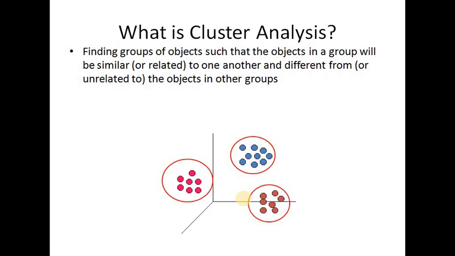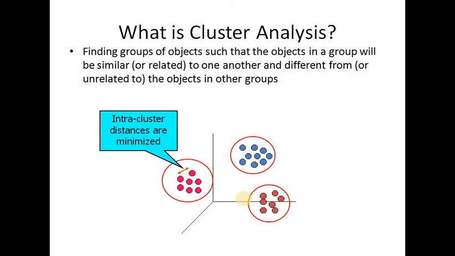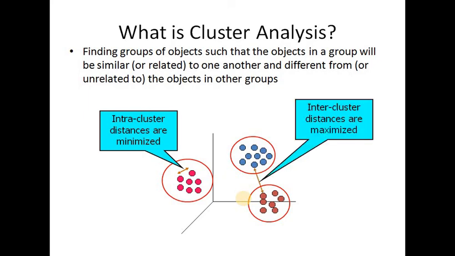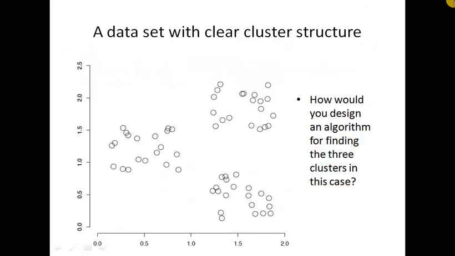We are dividing the data into different segments, which is the actual process of segmentation. Intra-cluster distances are minimized, and inter-cluster distances are maximized. Intra-cluster distance exists within the same group, and inter-cluster distance is defined between different groups.